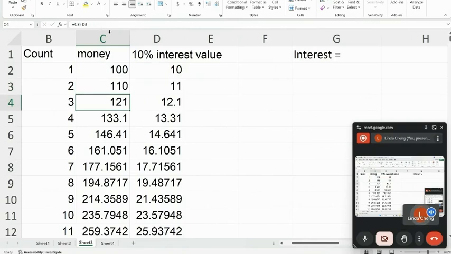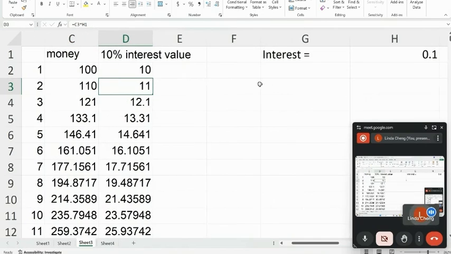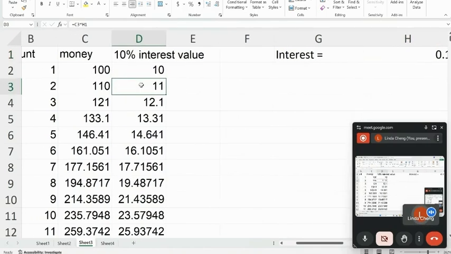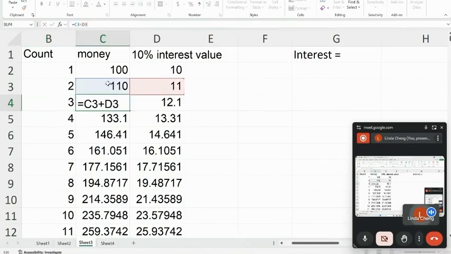Your total is $110, so the interest you earn is $11. It's still 0.1, 10% interest, but the interest you get is $11. Then in month number 3, it takes the total you had plus the interest you earned, which gives you a total of $121. Then you earn 10% interest.